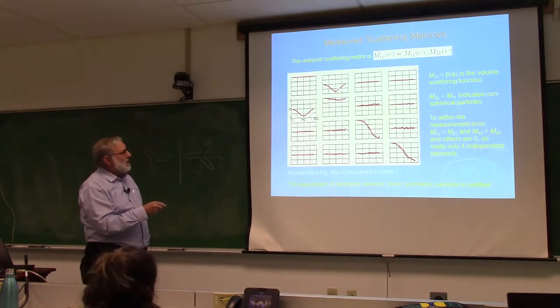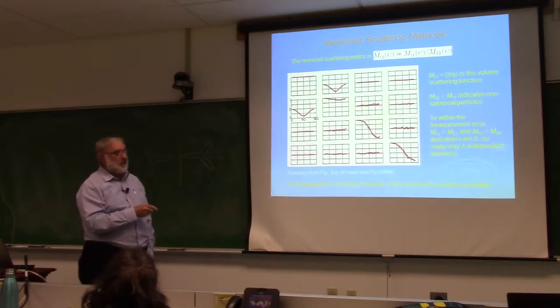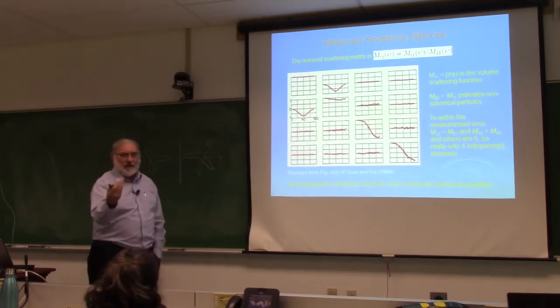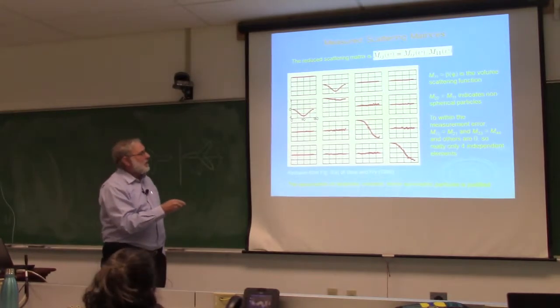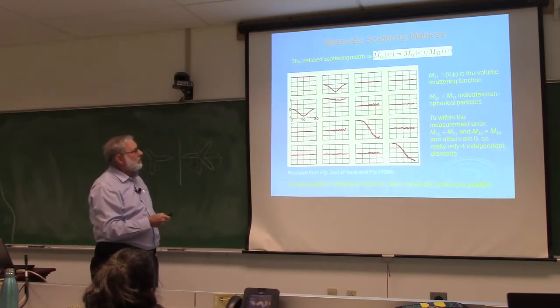So here, for example, at 90 degrees is when this M12 element has its maximum magnitude. In this case, it's negative, but that's the maximum. So that's that most scattering at 90 degrees thing. So just kind of remember that this number is somewhere like 0.8 in magnitude.